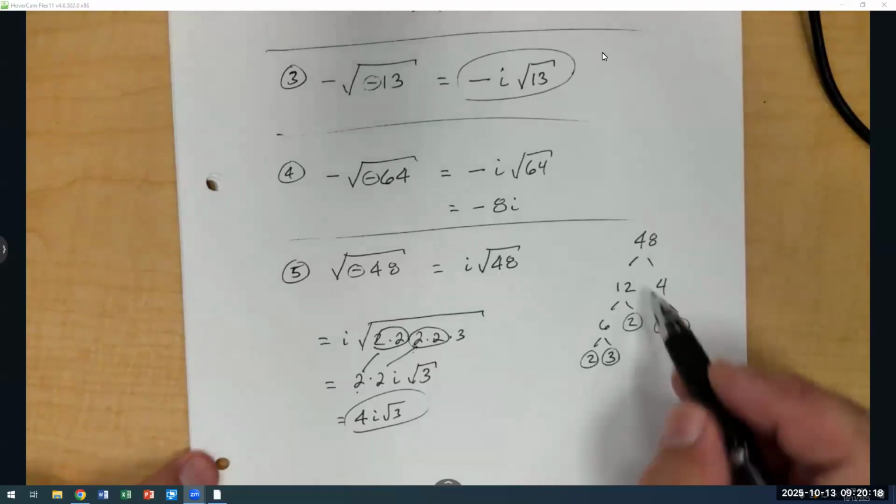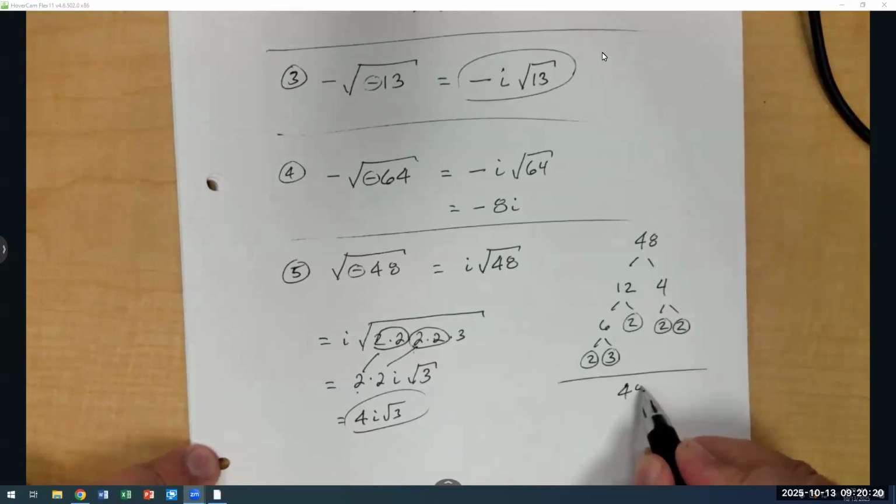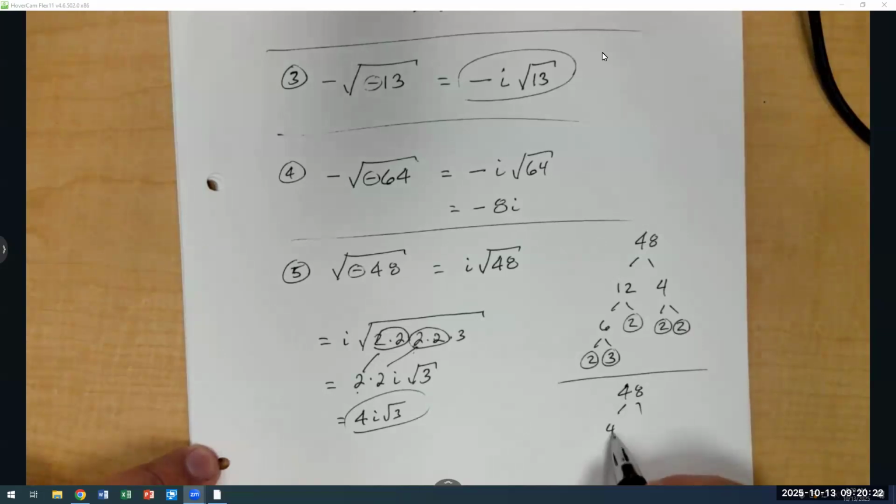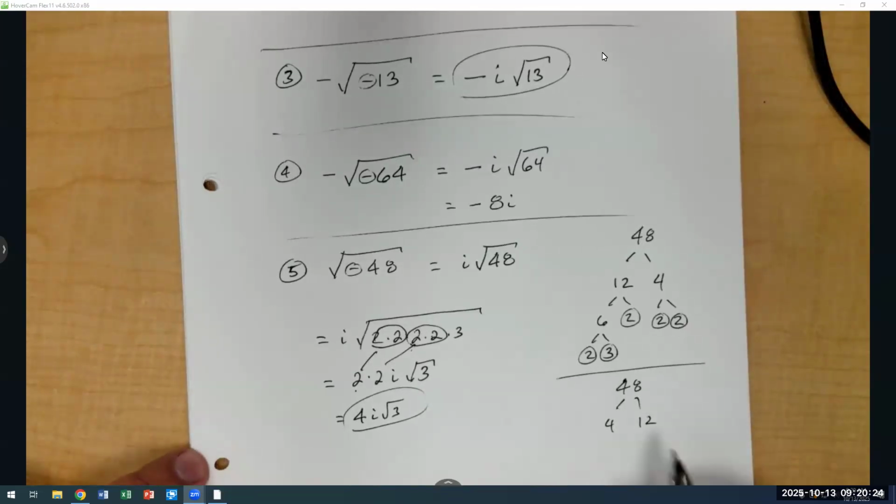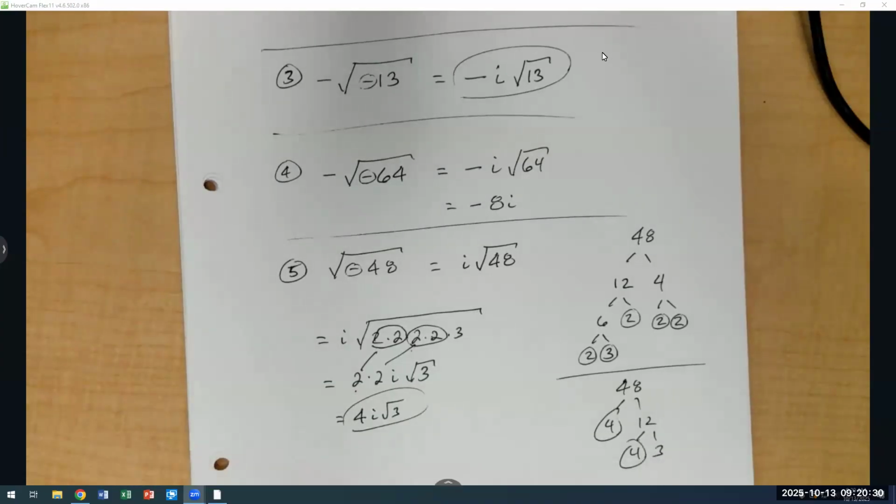But if we did this, we could have gone 48 is the same thing as 4 times 12. 12 is the same thing as 4 times 3. Here we have a pair of 4s, so that could have come out. We have 3 inside there. All we need is 2 of a kind inside there. Once you see 2 of a kind, take it out. Everybody okay with this? Kind of okay?